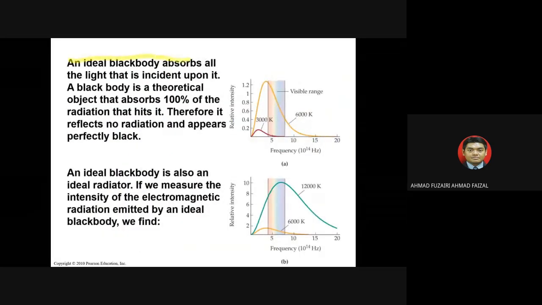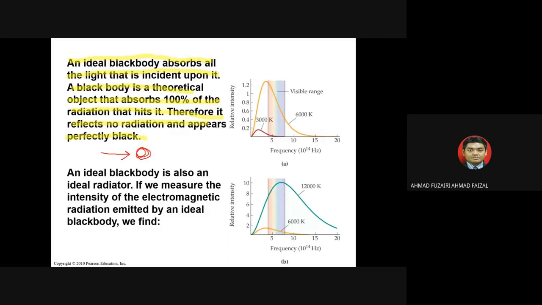An ideal black body absorbs all the light that is incident upon it. A black body is a theoretical object that absorbs 100% of the radiation that hits it. Therefore, it reflects no radiation and appears perfectly black. So how does light interact with matter? For example, you have a ball, and then you hit the ball with radiation.